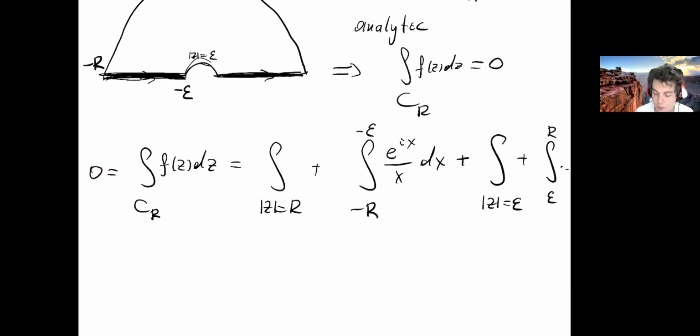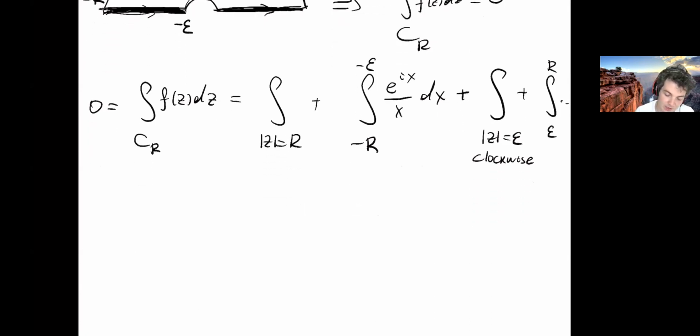And I need one extra comment that this is clockwise. I always need to keep track of the orientation. That's very important. Otherwise, I lose a sign. So now eventually I'll pass to the limit.